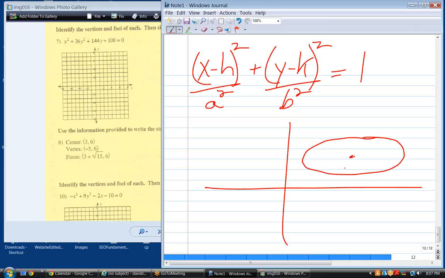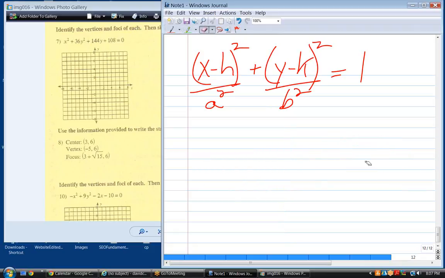There's hk, the center of the ellipse. A is the measurement of the long radius, and b is the measurement of the short radius. So somehow I have to turn this thing into look like this before I can identify the vertices and the foci. You have to complete the squares. Okay.